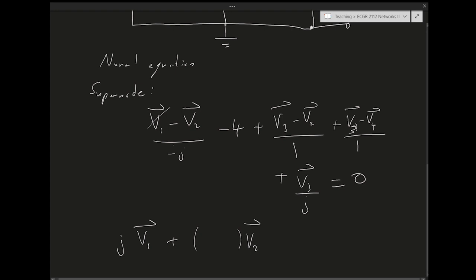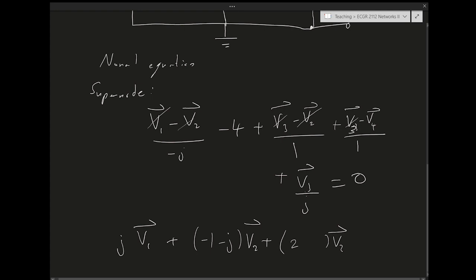So V2 here, so minus J goes with the numerator and becomes plus J, but there's a minus sign here, so I end up with minus J due to this. And then there's another V2 here, there is minus 1. So I have minus 1 minus J V2, and then the coefficient of V3. I have 1 V3 here, and another 1 V3, so I have 2 V3.